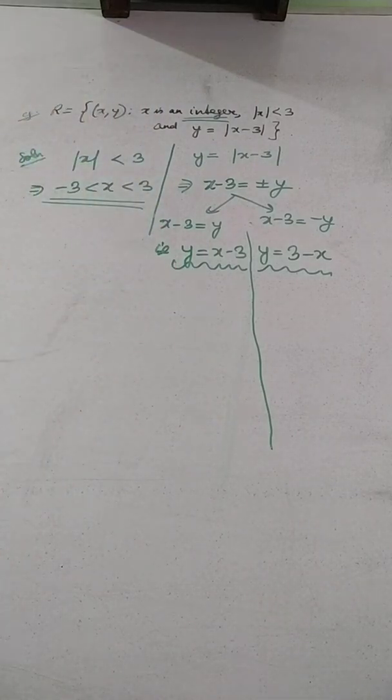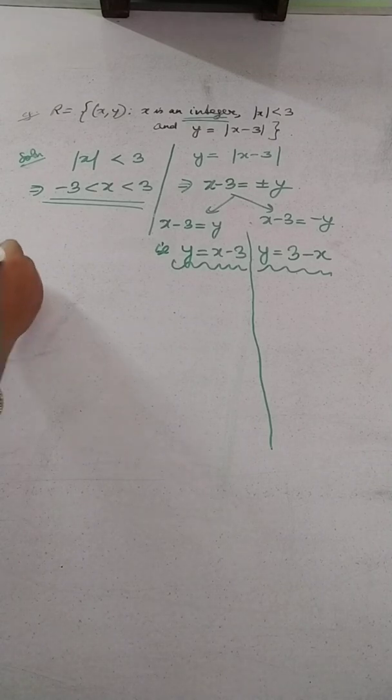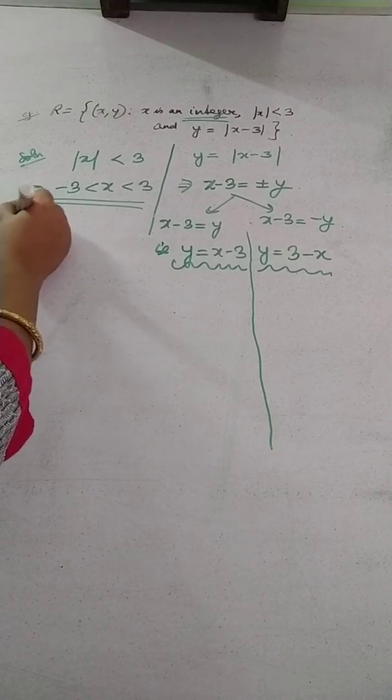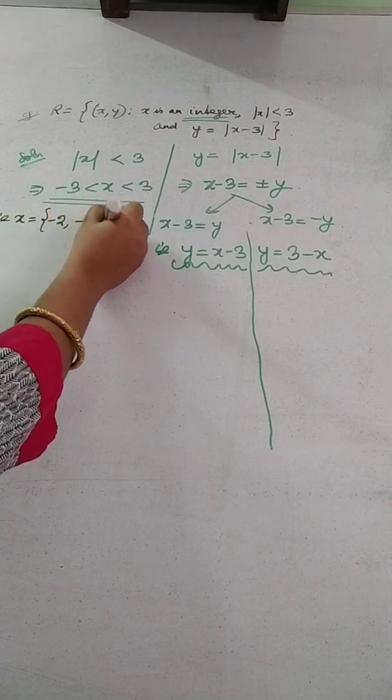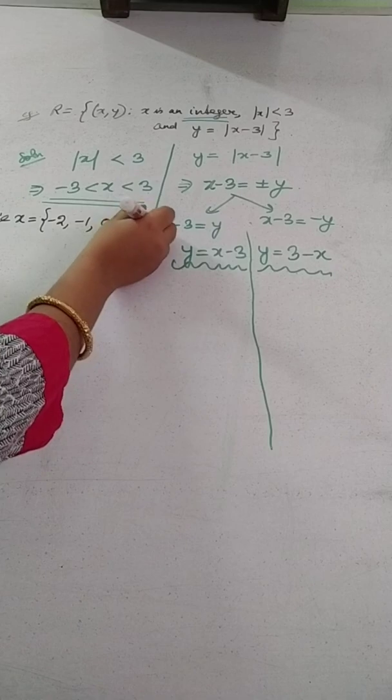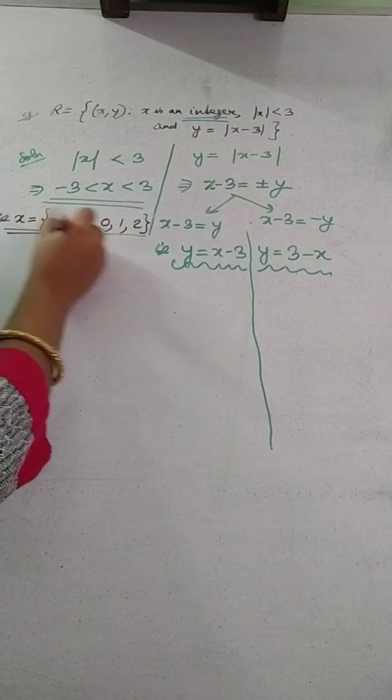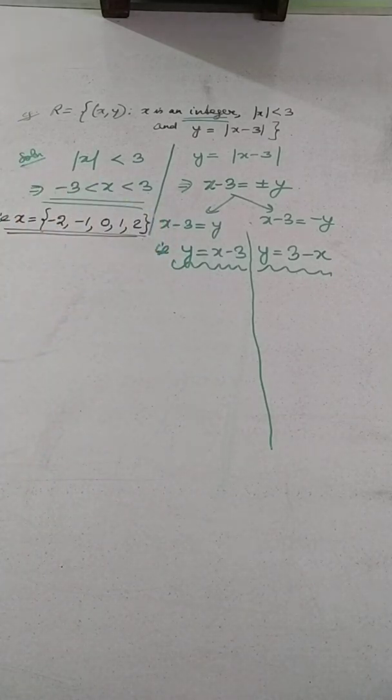So values of x are lying between minus 3 and 3, excluding the points minus 3 and 3. Be careful about that. So the values of x are actually minus 2, minus 1, 0, 1 and 2. This is the domain.